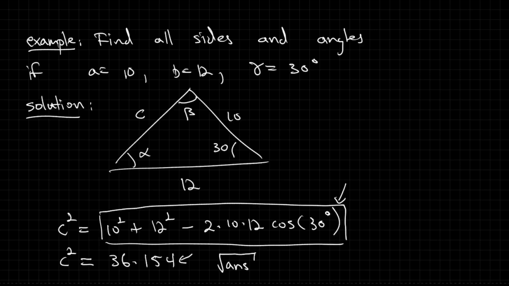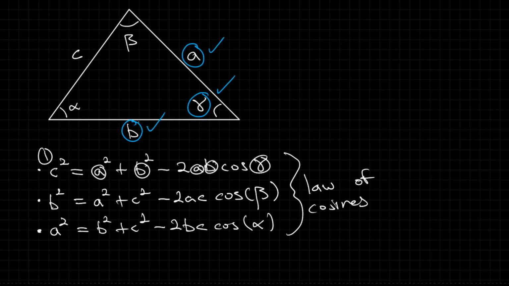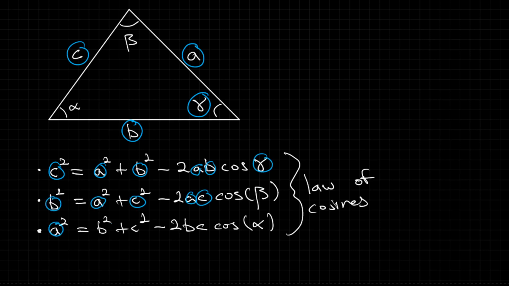So now if we go back to our law of cosines and we circle what we know in blue, now we know everything from the first equation and we know almost everything from the second and third equation. We know A, B, and C, and gamma. So we can use either the second or third equation to figure out beta or alpha.